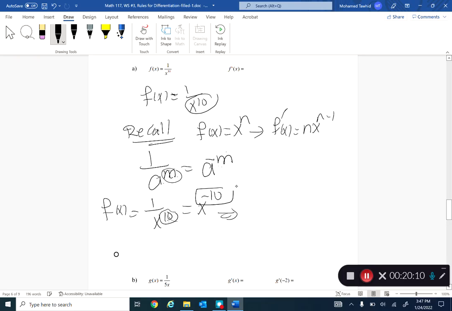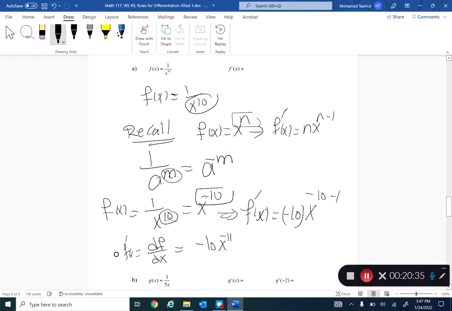Now here is the rule: your n is negative 10, so f prime of x will be negative 10, that's a constant, x to the power n minus 1, so negative 10 x to the power negative 11. That is your derivative f prime with respect to x, or sometimes we write it as f prime of x, or df by dx.